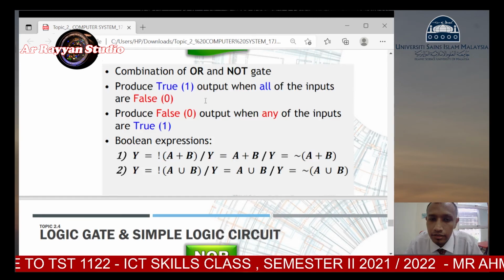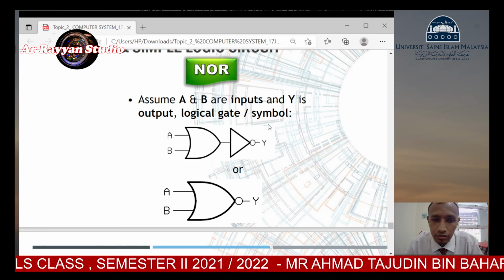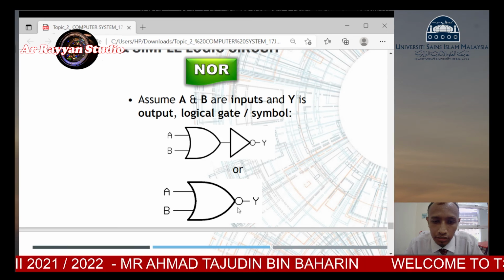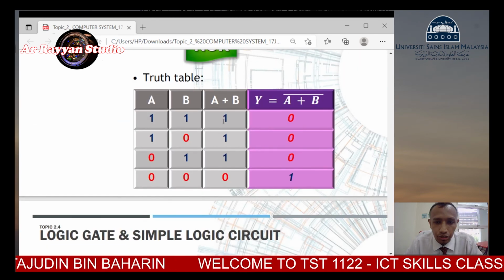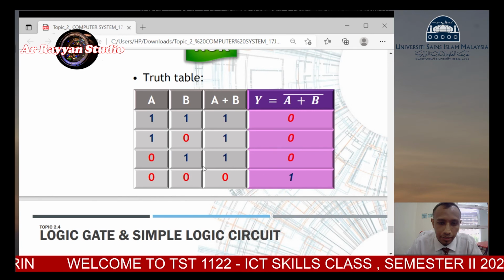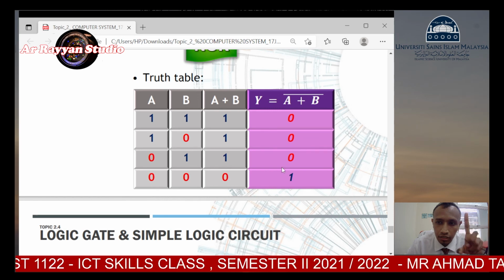Ini adalah macam mana kita represent logic gate tersebut, sama ada dalam bentuk macam ni ataupun kita letak bulat kosong je kat belakang ni. Kalau bulat kosong ni mewakili NOT. Alright, so ni macam saya cakap tadi, truth table dia. At the end kita akan terbalikkan, yang mana true akan jadi false, yang mana false akan jadi true. Sebab because of the NOT gate.